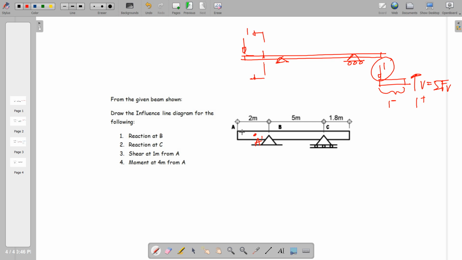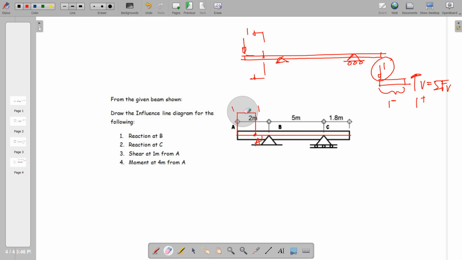So just left of A, our shear will be equal to 1, and will yield to 0 just right of A prime. So we have here a value equal to 1. Okay, so that is for the shear 1 meter from A, and that is an overhang.